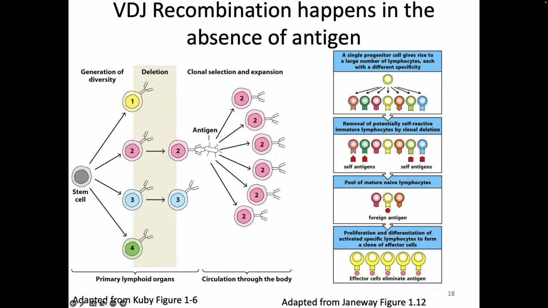Because we're doing this process of diversification at random, just making receptors that bind to basically any set of amino acids. And sometimes when you do that random process of making these receptors, the result is a receptor that binds to self things. That would be really bad.